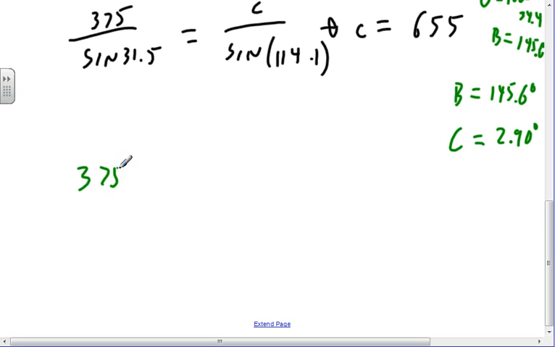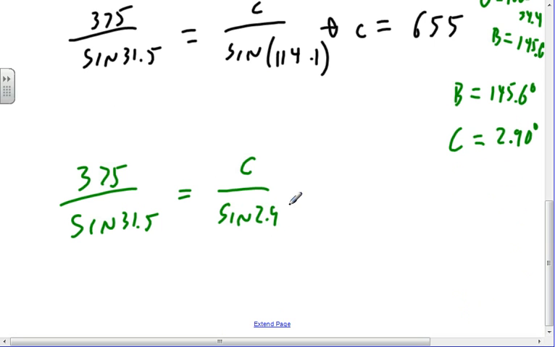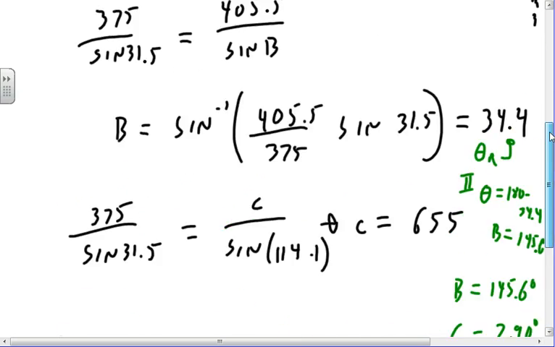So 375 divided by the sine of 31.5 is equal to little c divided by the sine of 2.9, implying little c is equal to the sine of 2.9 divided by the sine of 31.5 times 375 equals 36.3 millimeters.